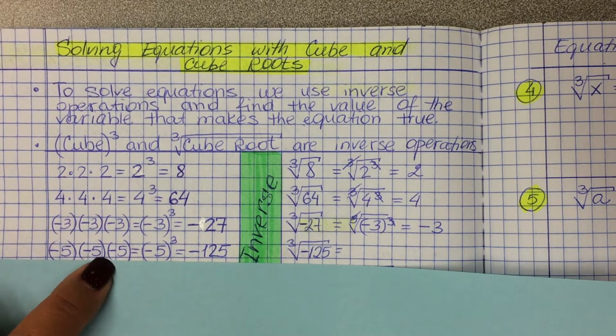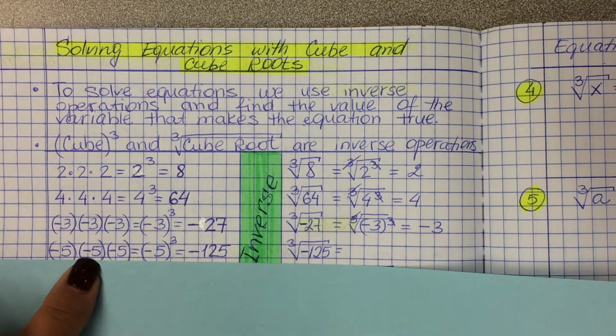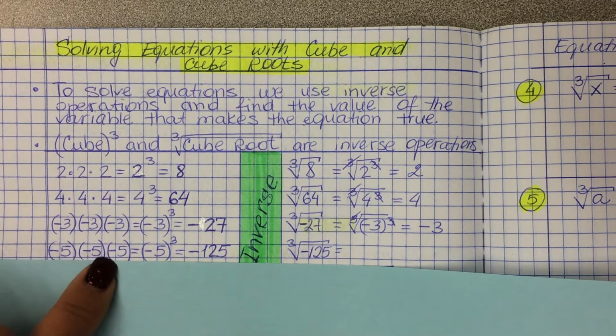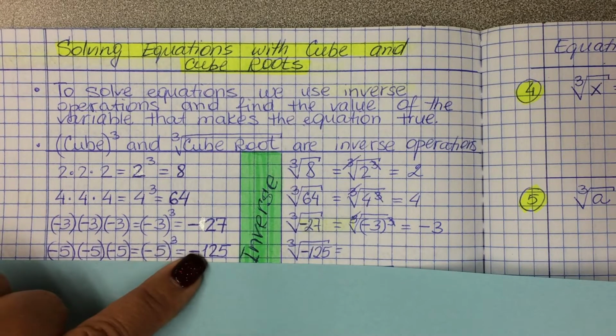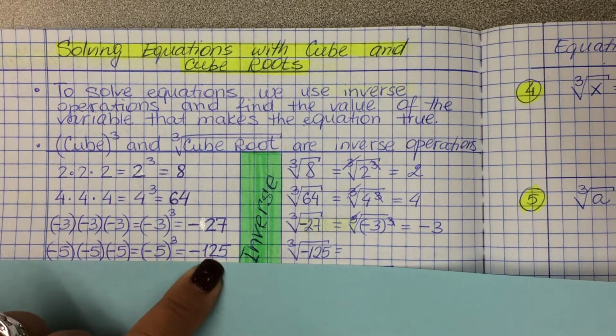Negative times negative times negative is still negative, because negative times negative is positive, and then times another negative is negative. So the base multiplied by itself 3 times is the base negative 5 to the third power, which again, negative times negative times negative is negative 125.